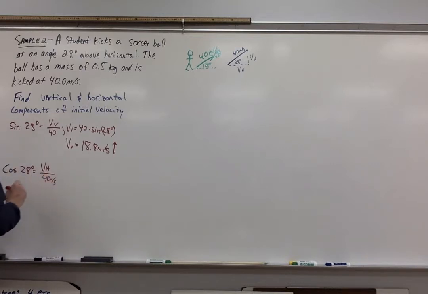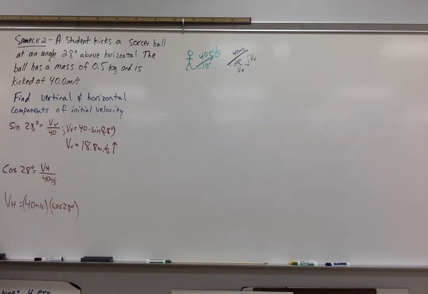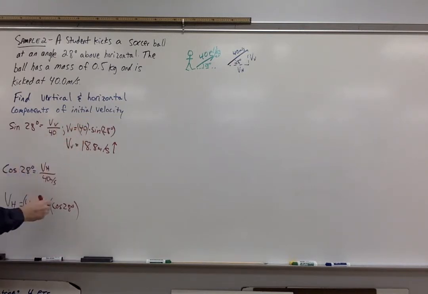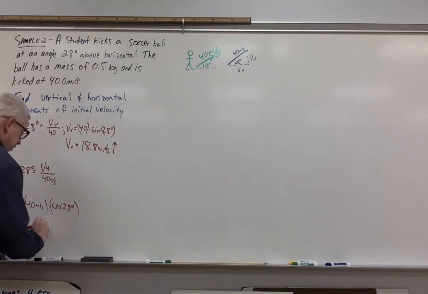So VH is equal to 40 multiplied by the cosine of 28 degrees. And therefore VH is going to be bigger. It's going to be 35.3 meters per second.